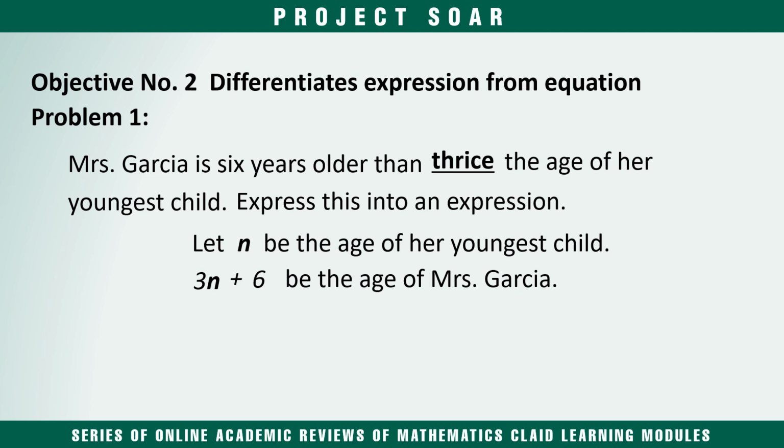As you can see, the phrase thrice means 3 times the number, and the word older implies addition. That's why n is the age of her youngest child, and 3n plus 6 is the age of Mrs. Garcia.